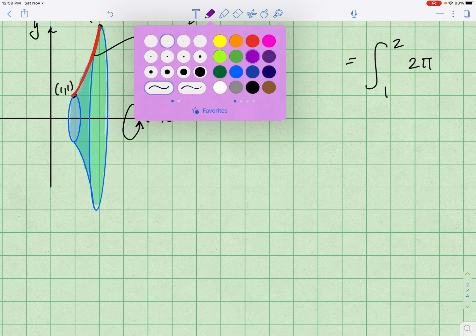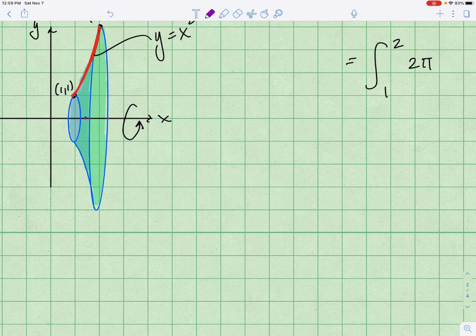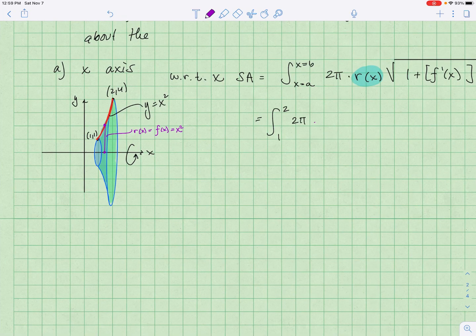So let's get that on the board here. Here's the axis of rotation, and we want the distance up to the curve. That is going to be our radius as a function of x. In this particular case, it's just the function f of x, or x squared. So that's pretty easy to do. So this will be x squared.